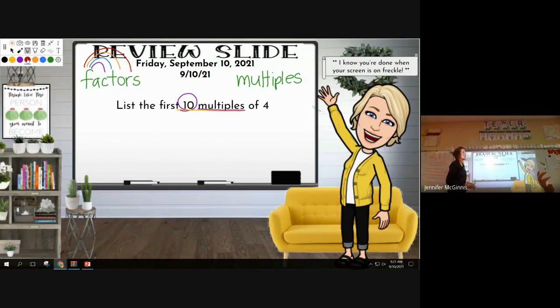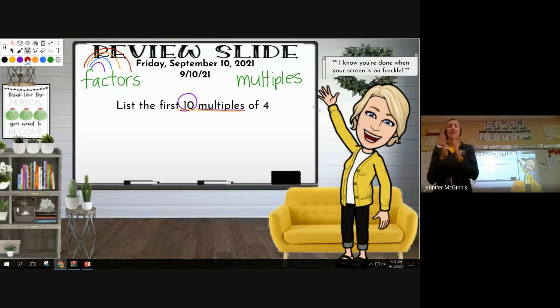David? 12. The 12. So in our poster, the 3 and the 4 are factors. So when we list the first 10 multiples of 4, we are looking for multiples or the product or the answer.